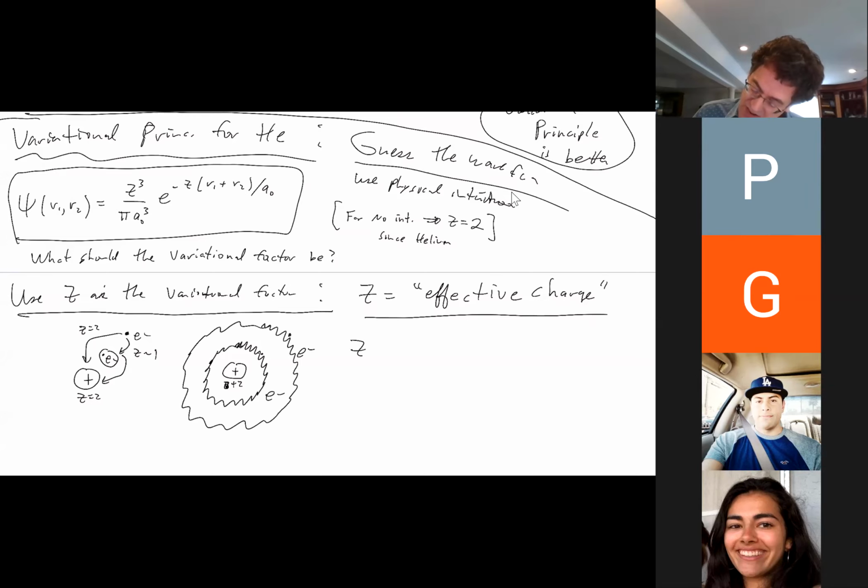So is the effective charge going to be less than or greater than 2? Do you expect it to be less than 2 or greater than 2? Less than? That's right, less than. We say that this electron is doing something to this electron. Do you guys know the word that we use for this electronic process? It's screening. Exactly. This is screening.